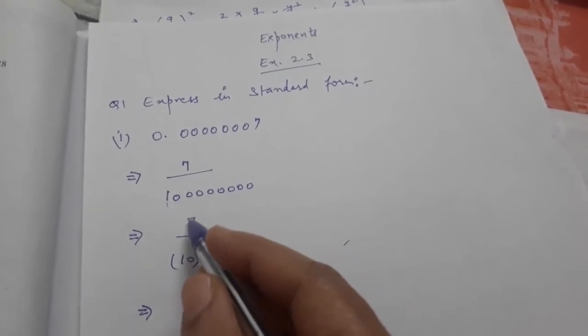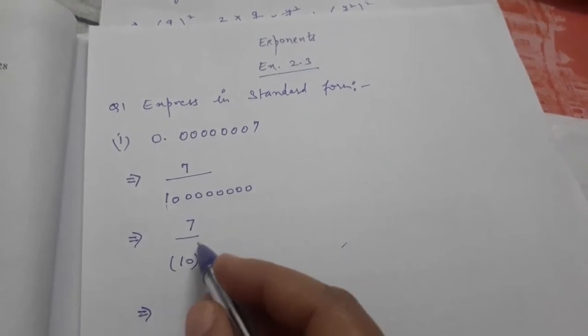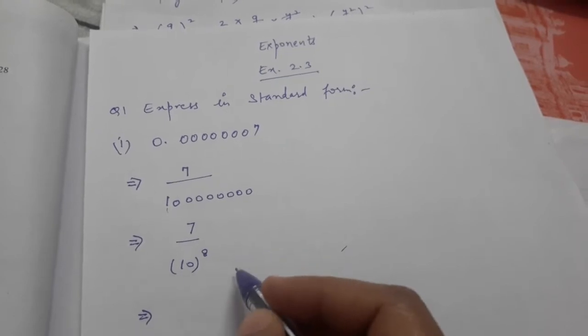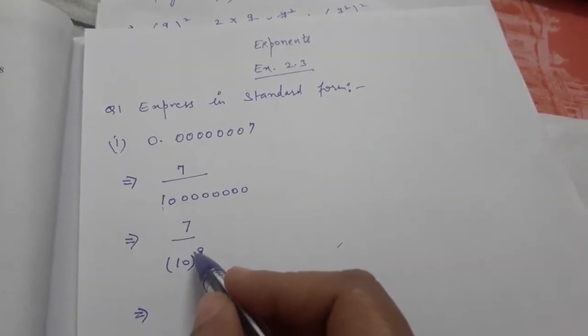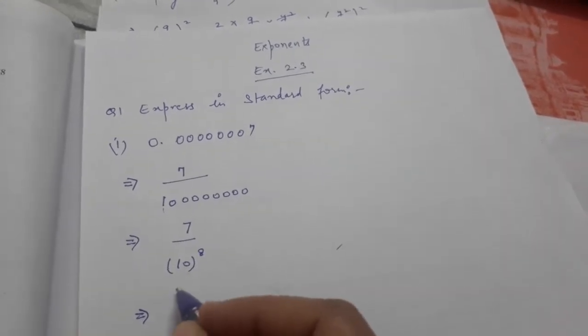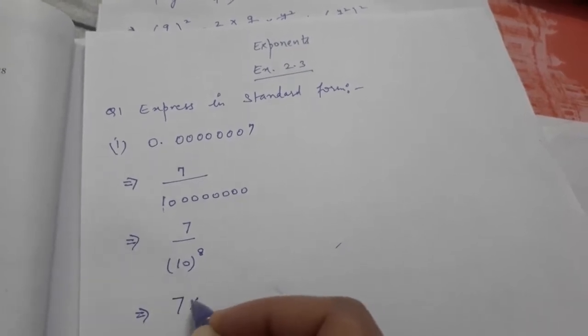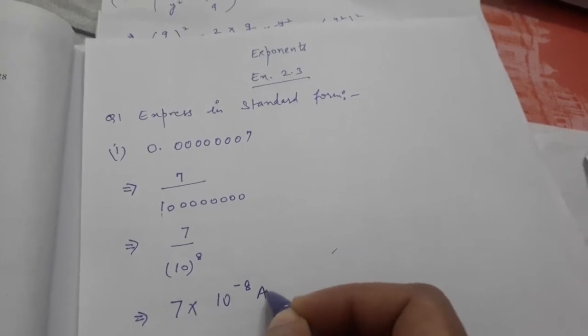So in 7 by 10 raised to the power 8, we will bring 10 raised to the power 8 into the multiplication sign, and change the positive power into the negative power. So it becomes 7 into 10 raised to the power minus 8, which is our answer.